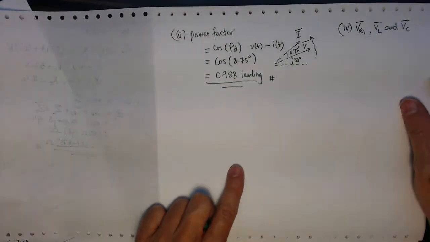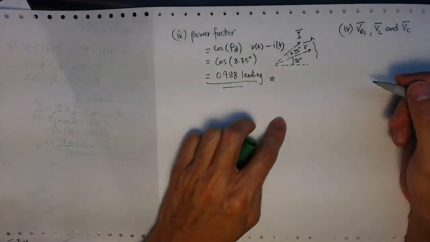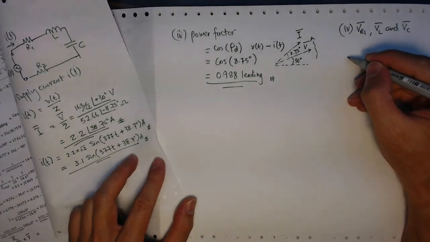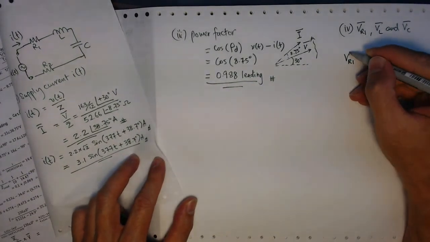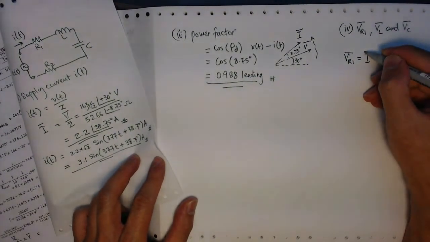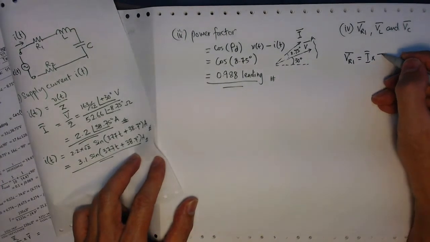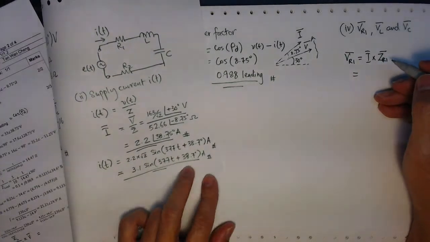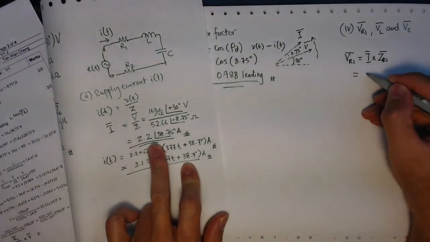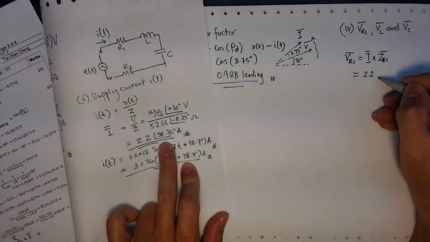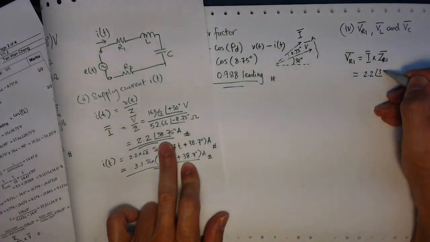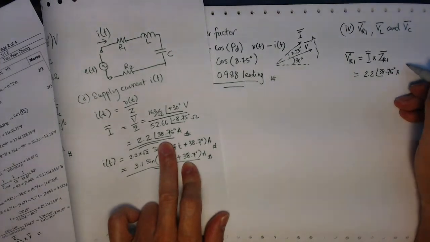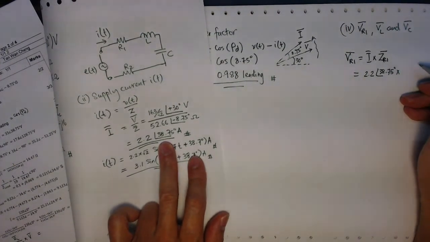And finally, we want to calculate the voltage across the resistors and so on. Now, voltage across resistor is given by the current multiplied by the impedance. In this case, current, remember earlier on we have calculated it, 2.2 at an angle of 38.75 degrees multiplied by the impedance R1.